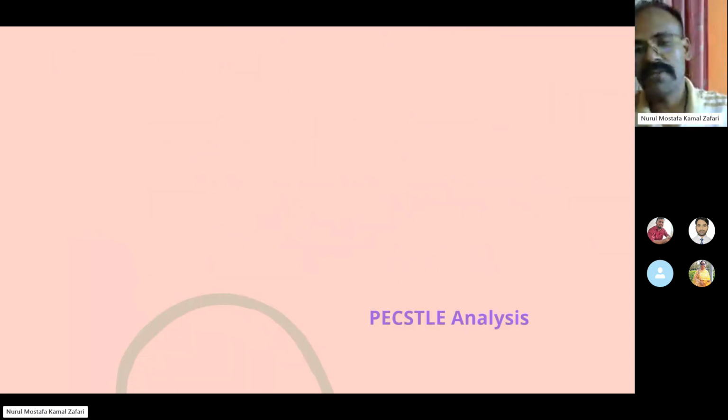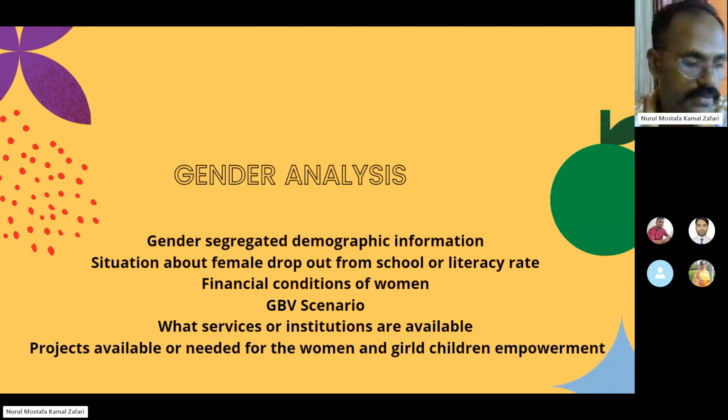Okay. So then, gender analysis. Although we had presented SADD data in the beneficiary analysis section, in many cases donors may ask you to present a gender analysis where you need to provide the beneficiary data, asset data, then the women's empowerment situation, gender-based violence situation, situation in terms of the status of the female girl child, and things like the financial conditions of women, and also if there are other women's empowerment related issues, you can present them here.